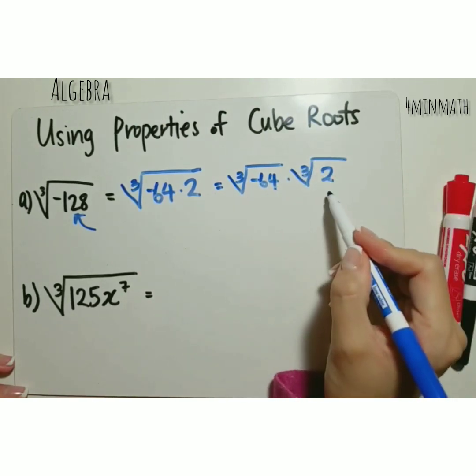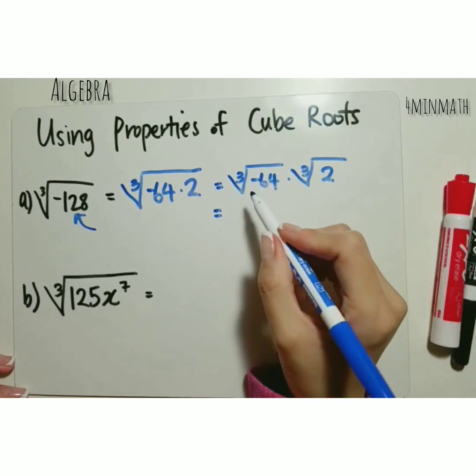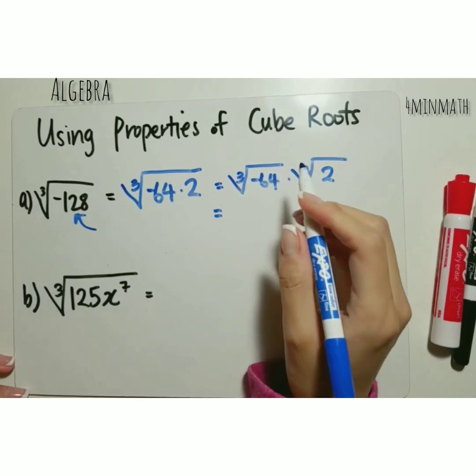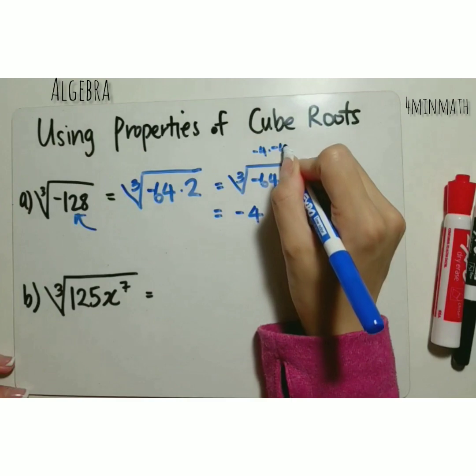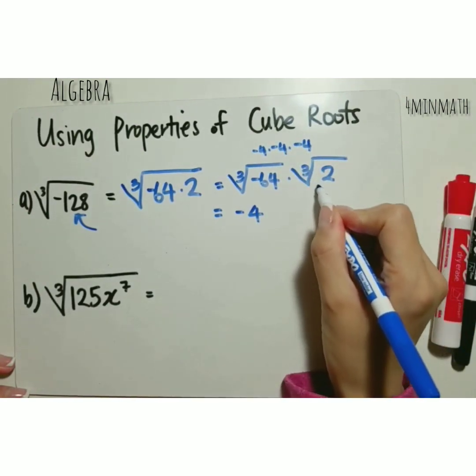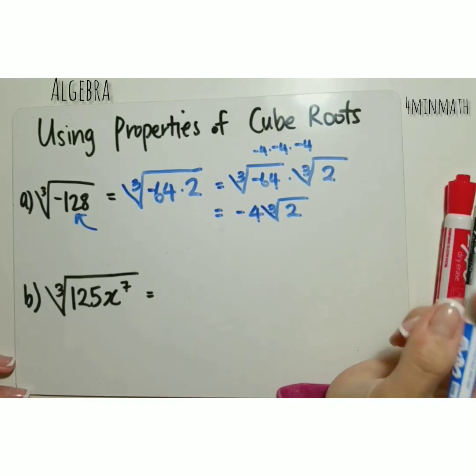And again, you can skip this step if you can see that already, now that you've done a few problems. Then I know that this has a perfect cube. So that would be negative 4, because negative 4 times negative 4 times negative 4 is negative 64. We don't have a cube root of 2, so we just leave that alone. And that's it.